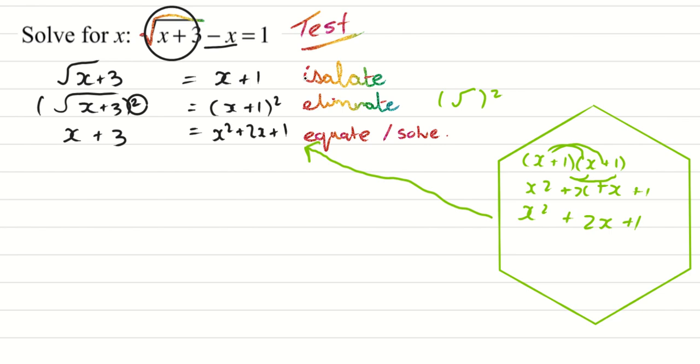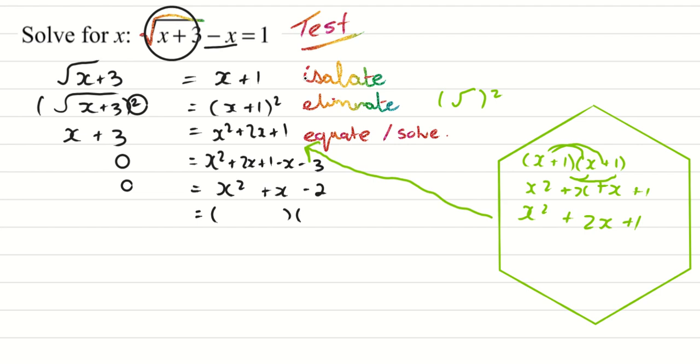Right? Now, it doesn't really matter if your answers are on the left or on the right, but because the majority of my variables is on the right, I'm just going to leave it on the right so that we get 0 is equal to x squared plus 2x plus 1, right? Then this becomes negative x minus 3. We go ahead and we simplify this down to x squared plus x minus 2, and this is what we factorize, right?